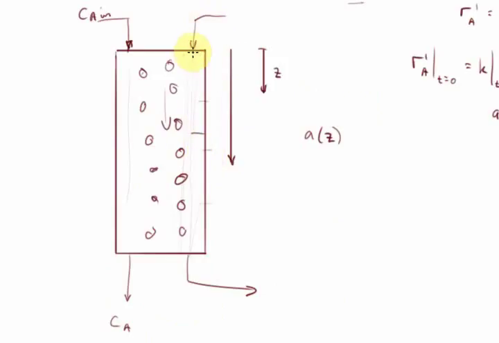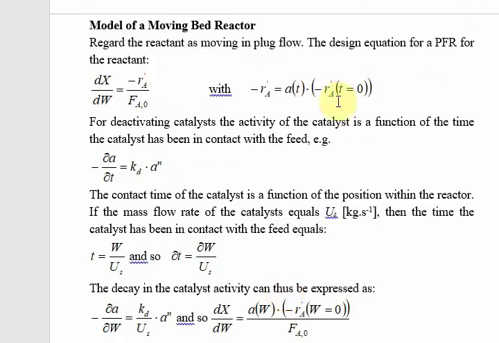So it takes a certain amount of time for particles to chug their way down here, right? These particles aren't just falling free like this. There's a whole bed here that's moving, and it's going to move at a fixed speed. So for us to consider a particular position here, it's going to take some time. Maybe it takes 20 minutes to get down here, and then 40 minutes to get there, and so on. So that's what this is trying to say.